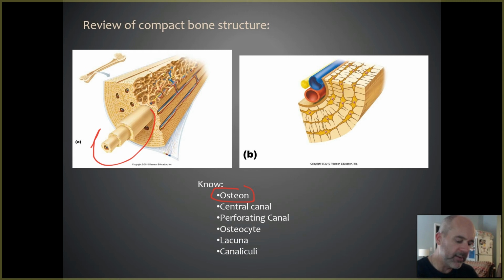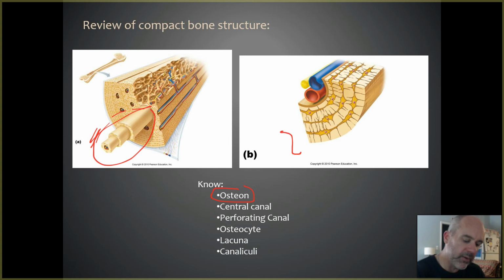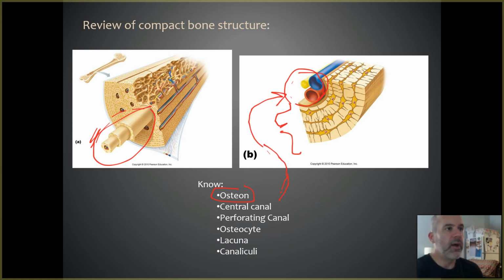It doesn't really do that, but they're doing that to show you that an osteon is a long cylinder, and it is composed of rings of osseous tissue that radiate outward, almost like tree rings, and they surround a central canal in each osteon. The central canal will have an artery, a vein, and a nerve. That's what you're seeing there in yellow.